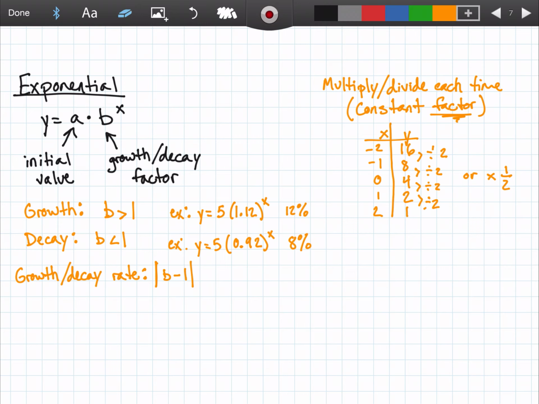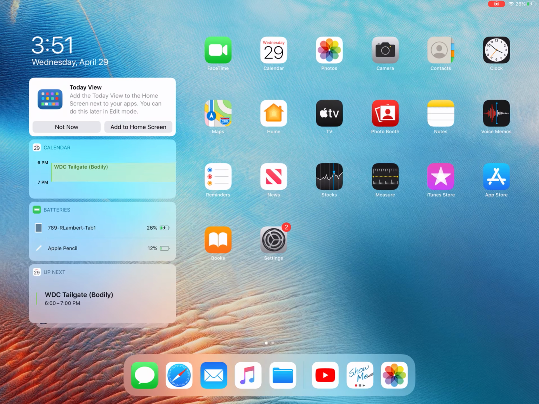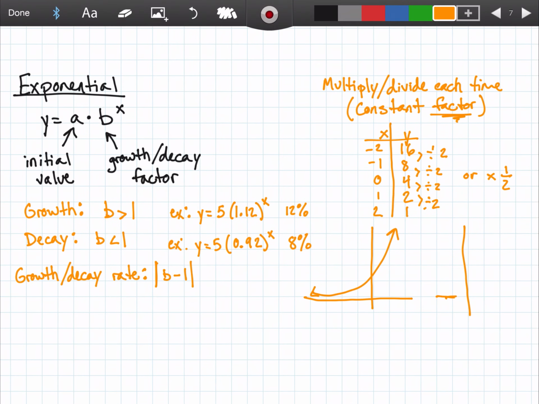My graph shape is going to look something like this for growth, or it's going to go the other way for decay, with what we call a horizontal asymptote.